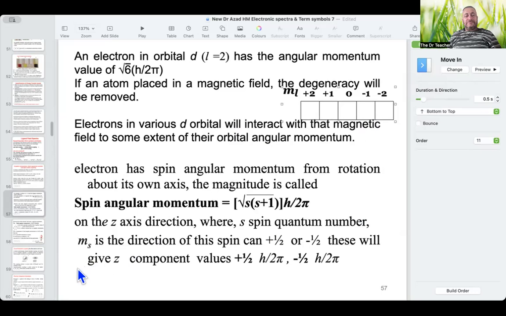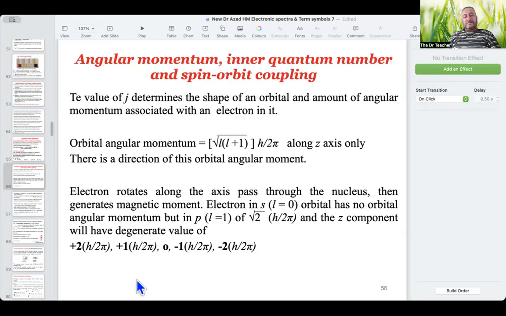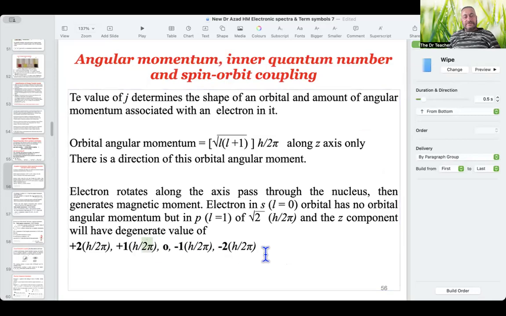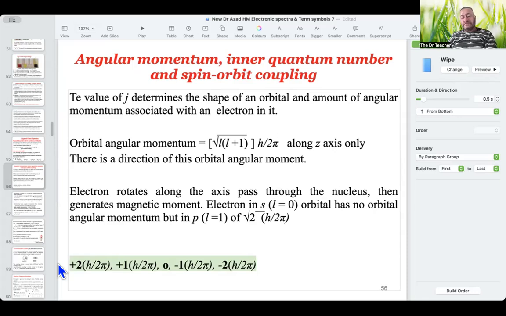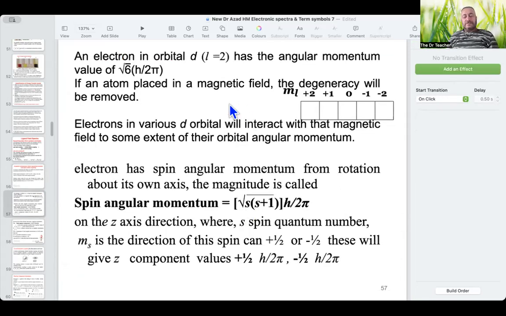And here you can see the z component, which will be degenerate. So I will remove all of this, take this value here to be copied, and put them here.